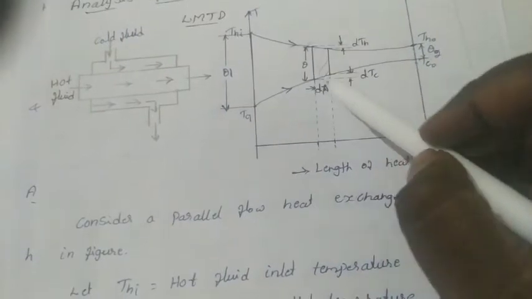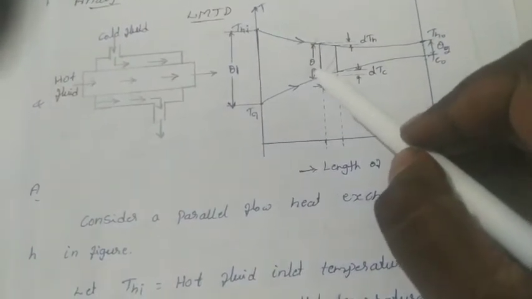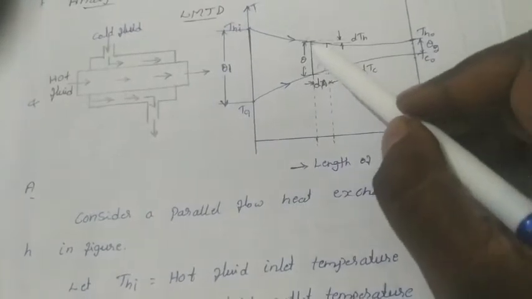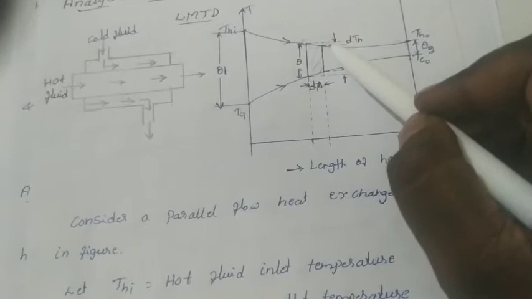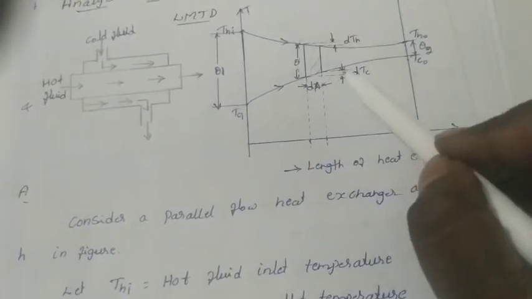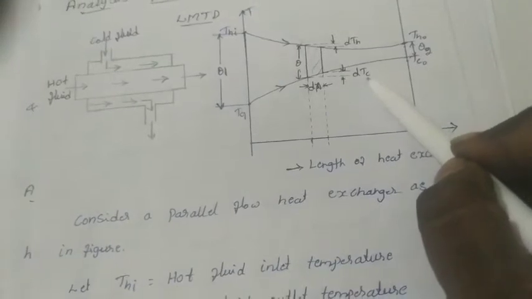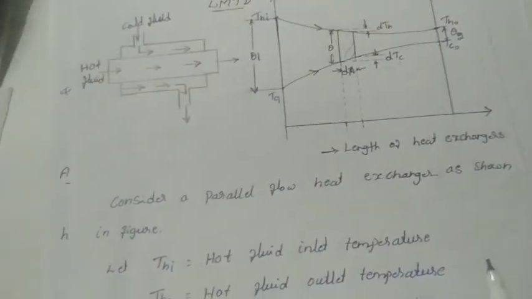For a small elemental area, dTh is the small change in temperature of the hot fluid, and dTc is the small change in temperature of the cold fluid. So let us consider a parallel flow heat exchanger as shown in the figure.